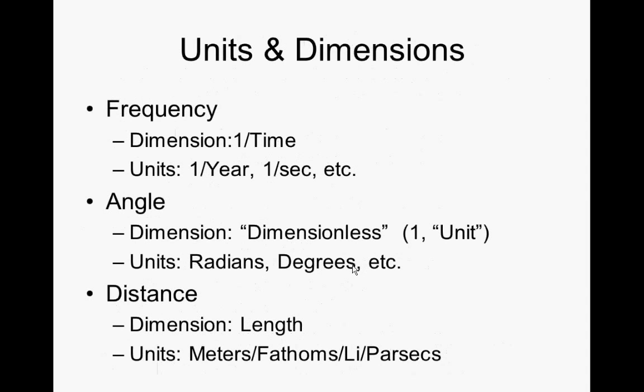Different units of angle, for example. Okay, so here's some units. So we could have a frequency as a dimension. And the dimension is 1 over time, but we could have 1 per year, 1 per second, 1 per week, 1 per day. Those are all frequencies, the different units of frequency.